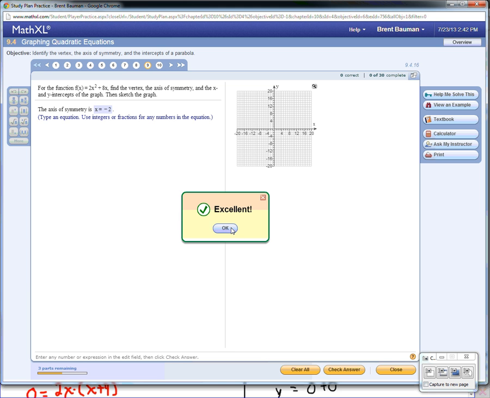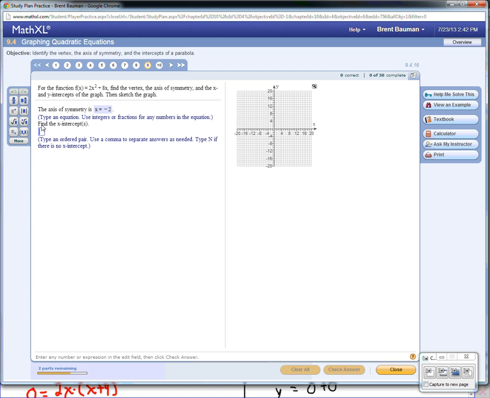Excellent. All right. So now we want to find the x-intercepts. And type an ordered pair, use a comma to separate the answers as needed. Okay, so one of our x-intercepts was at 0, 0, comma, the other intercept was at -4, 0.